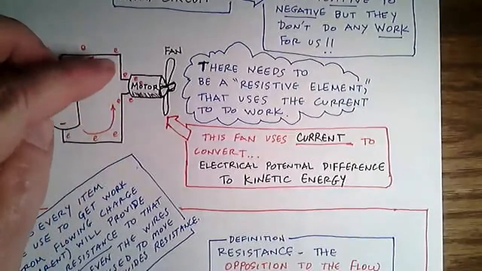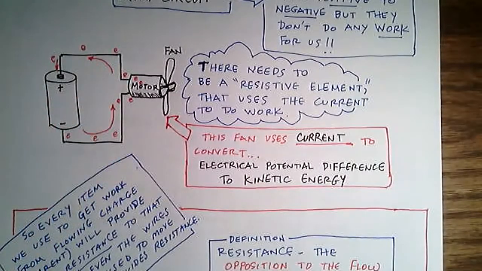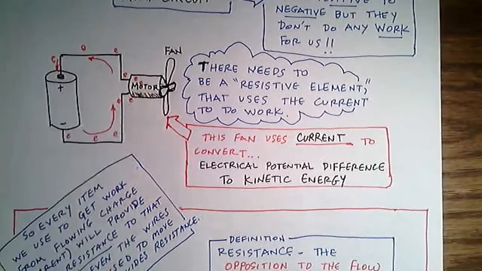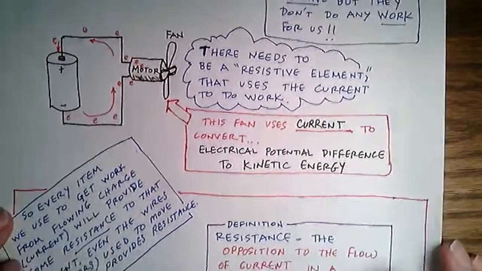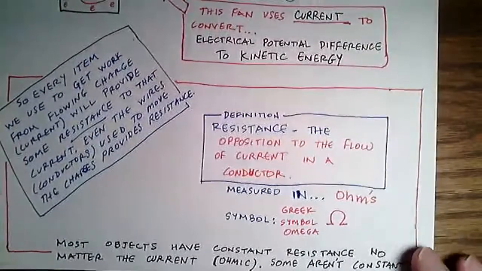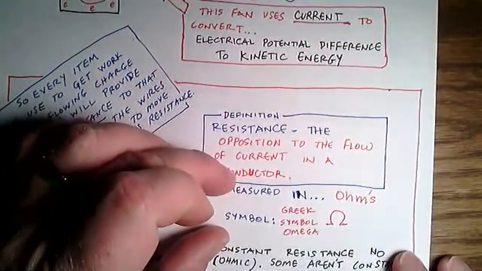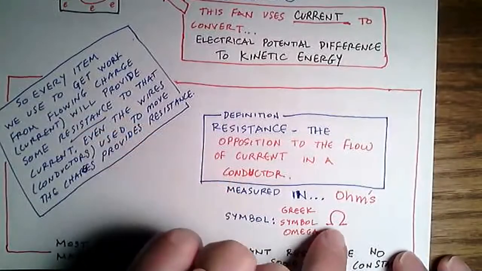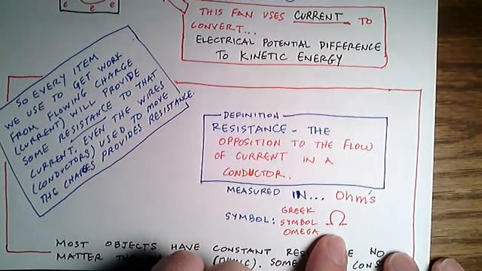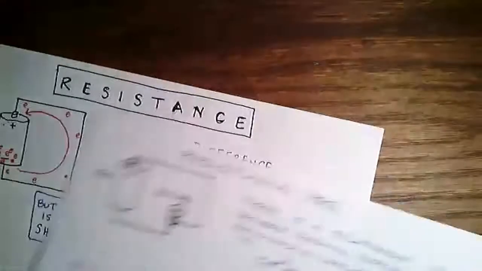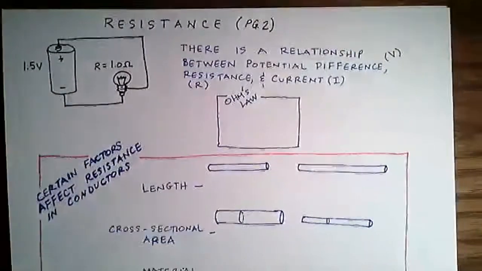So for instance, wire provides relatively low resistance, but that motor is going to provide a lot more. So they're going to differ just a little bit depending on what the object is. And we saw a definition of resistance that it's measured in ohms and represented by the symbol omega. Okay, so we are going to go to the second page here, talk a little bit more about resistance.